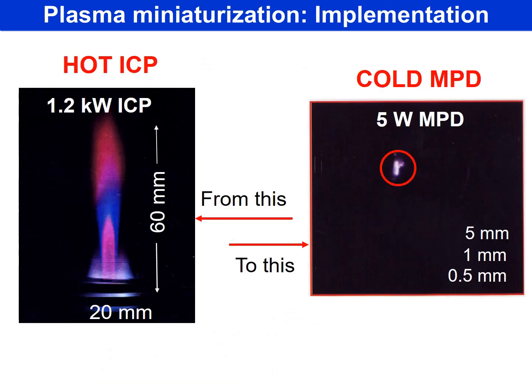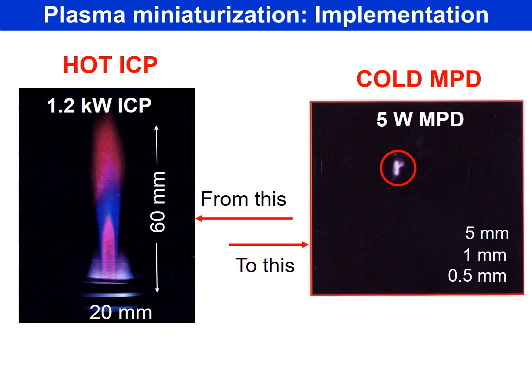So in terms of an ICP, the typical size here, to remind you, is about 20 millimeters, the size of a quarter, an American or Canadian quarter, they are the same. About 60 millimeters is the height shown in this figure.